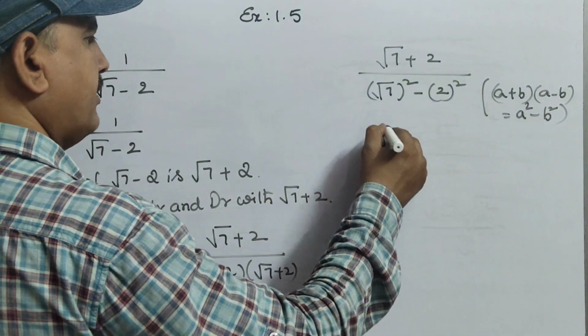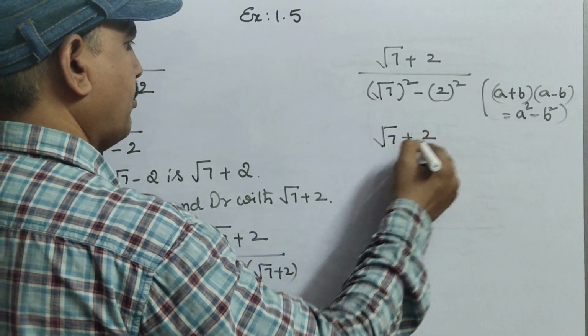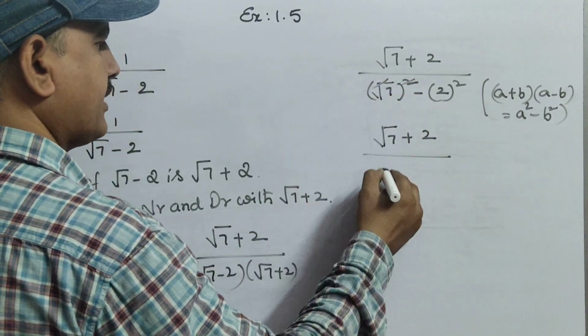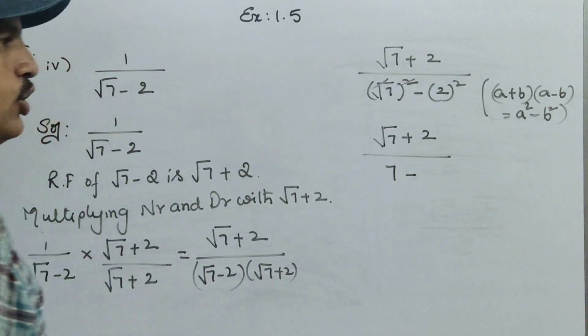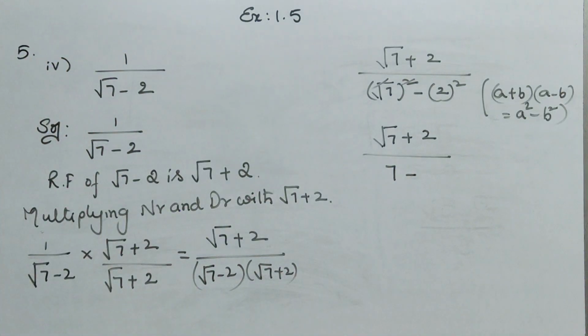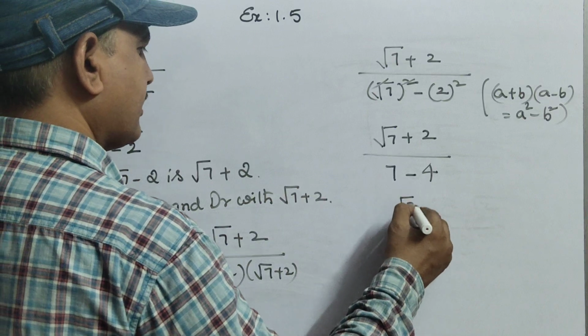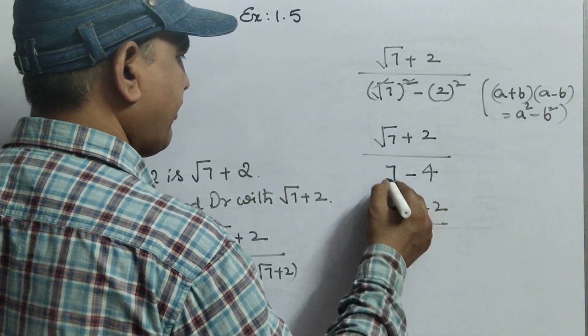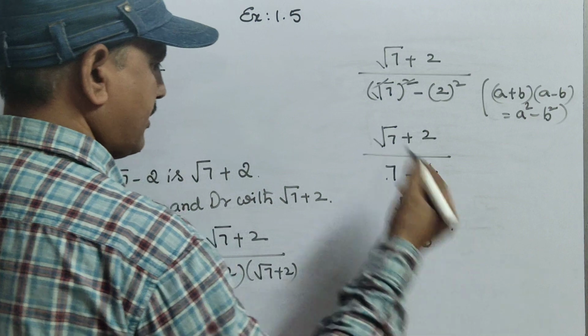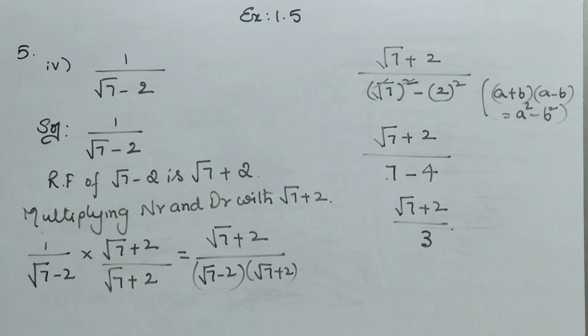So root 7 plus 2 by, the square and square root get cancelled, 7 minus 2 square, 2 2s are 4. So root 7 plus 2 by 7 minus 4, that is 3, is the answer. Okay, is it clear, children?